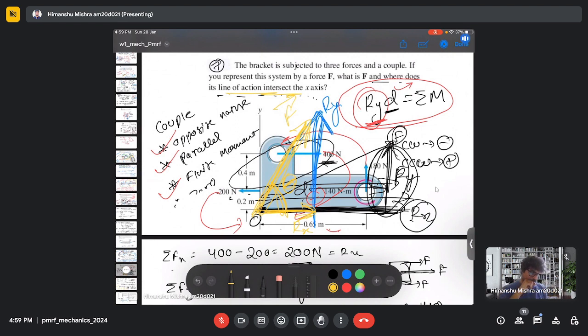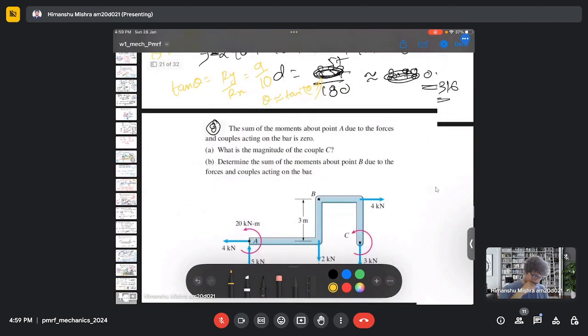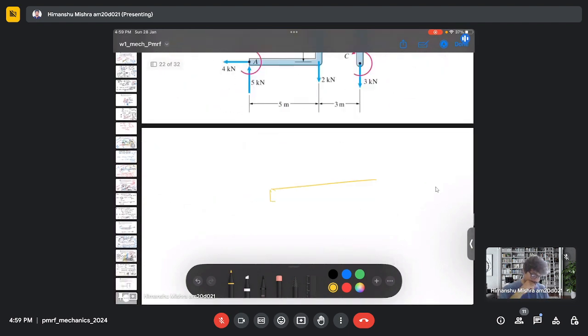Yeah. So the same moment will be acting at O also. Because for example, let's say you have a cantilever bar. Or imagine this is your pen. You are holding a pen like this and you are applying some moment here. Whatever moment you are applying here, there will be an opposite moment at this end.